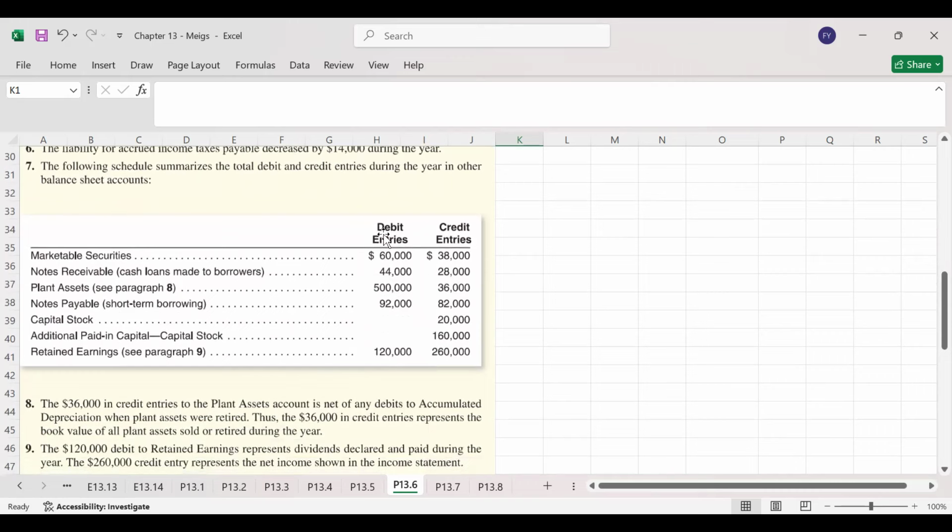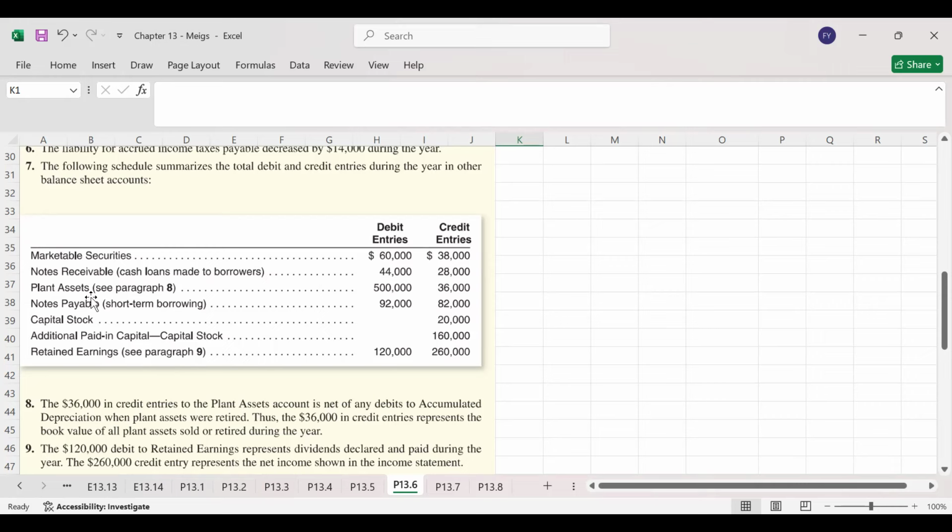You can see that we have several debit entries and credit entries of balance sheet accounts. These are the balance sheet accounts in which we have marketable securities, which are your short-term investments. Then we have notes receivable, that is, cash loans made to borrowers. We have debit entries and credit entries. Plant assets are given with debit and credit.